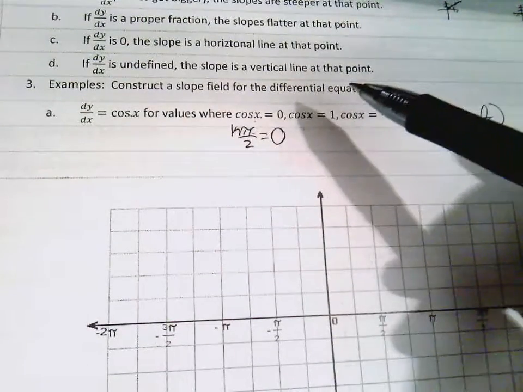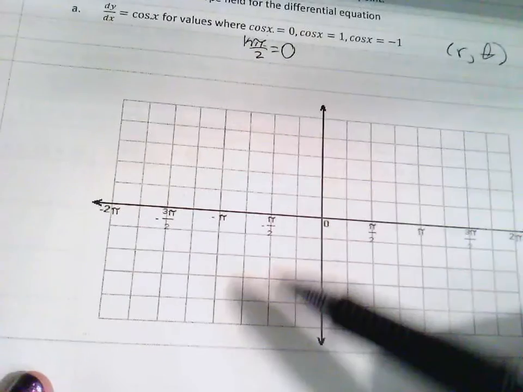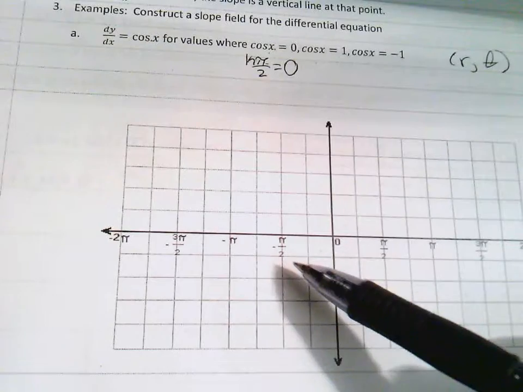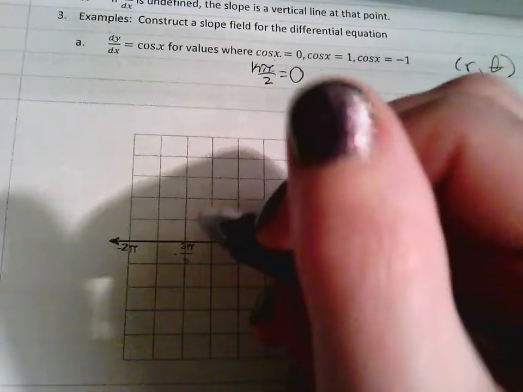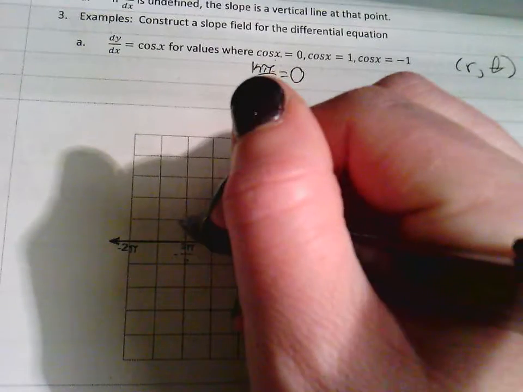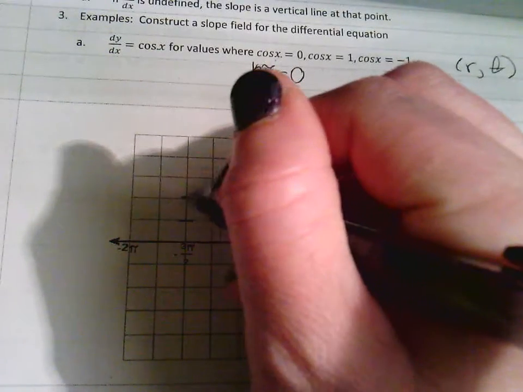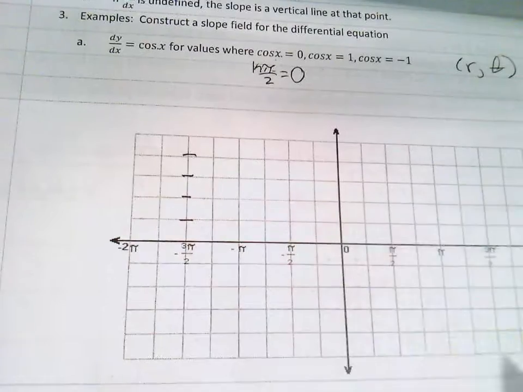If you want, we can go ahead and put these down. So we got the pi over 2, so everywhere on here you're going to have that. On each line you got a 0 slope. So it's just going to be a flat line like this.